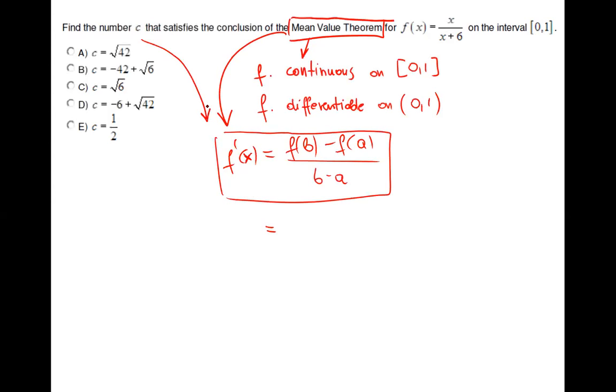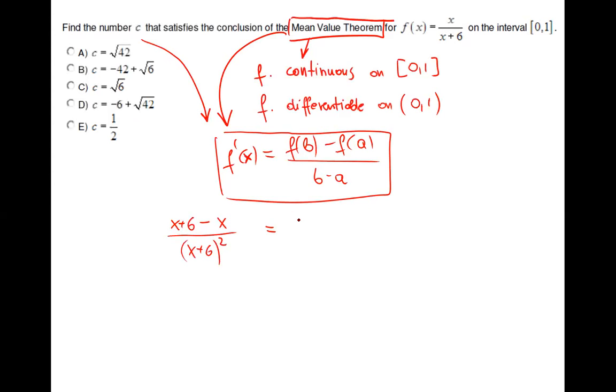But I will keep x, it's just easier to have x. I have to find the derivative, quotient rule. Derivative of x is 1 times x plus 6 minus x times derivative of the denominator 1, over x plus 6 squared.